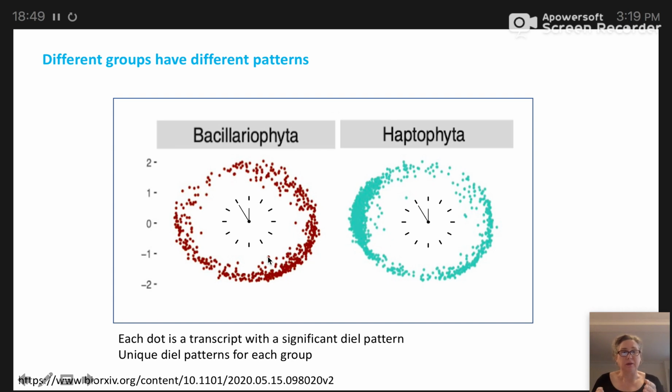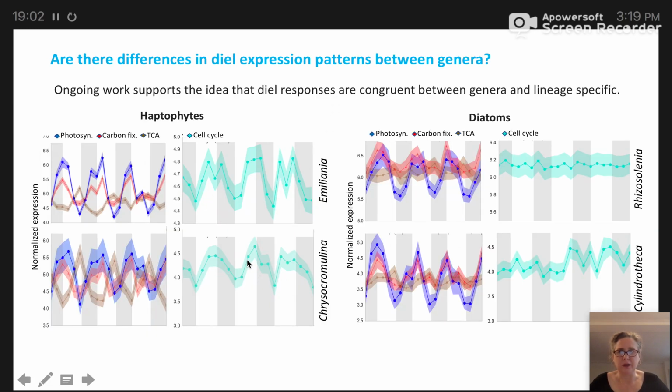Now we can delve in even further and ask about different haptophytes and different diatoms and whether they're doing the same thing. And in ongoing work, this really supports the idea that diel responses are congruent between genera and lineage specific. So let me walk you through these data a little bit more closely.